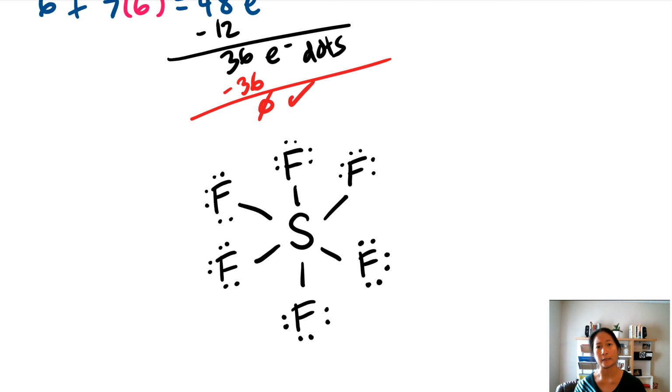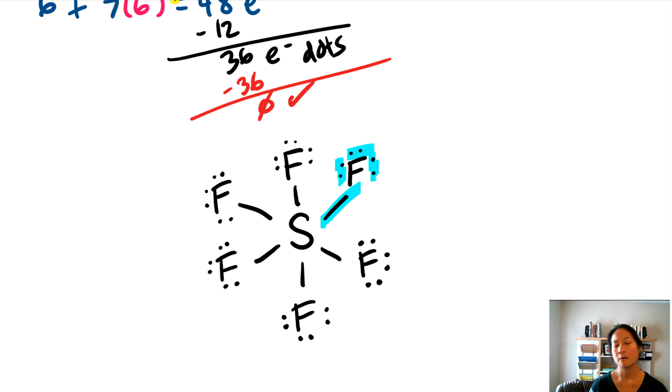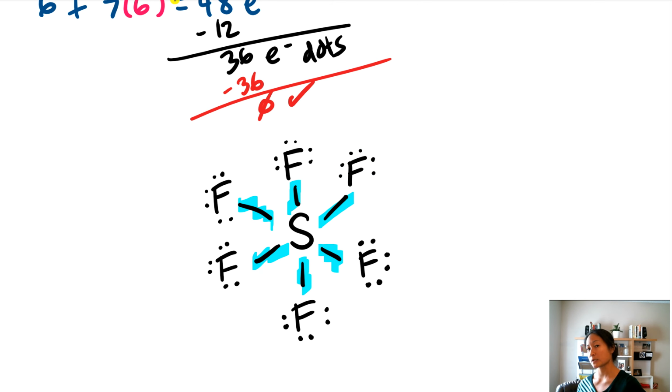You've got to do a final check. You've got to make sure everybody in your Lewis structure obeys the octet rule. So let's start with the fluorines on the outside. Each fluorine has 2, 4, 6, 8 electrons around it. Fluorines are good. They meet the octet rule. Now for the sulfur. The sulfur has 2, 4, 6, 8, 10, 12 electrons around it.